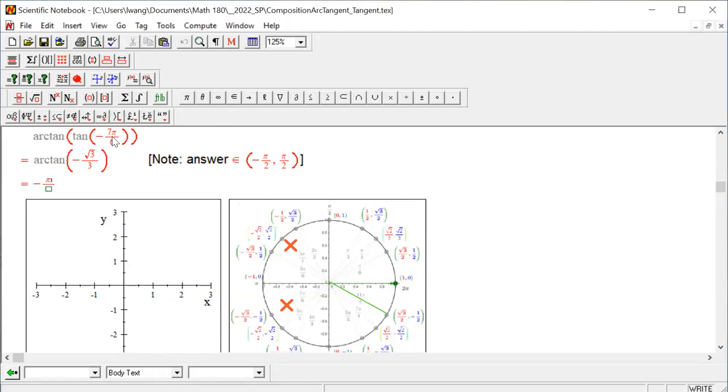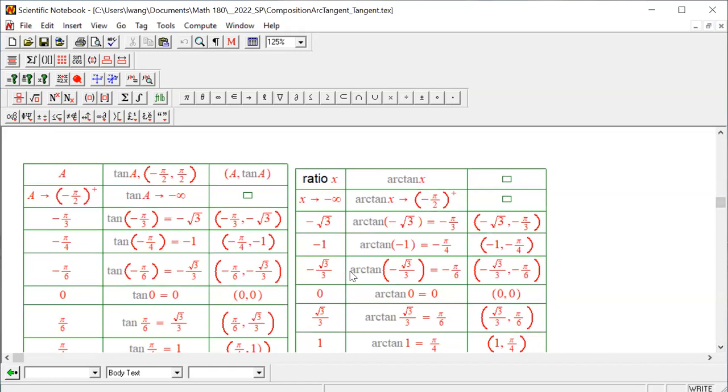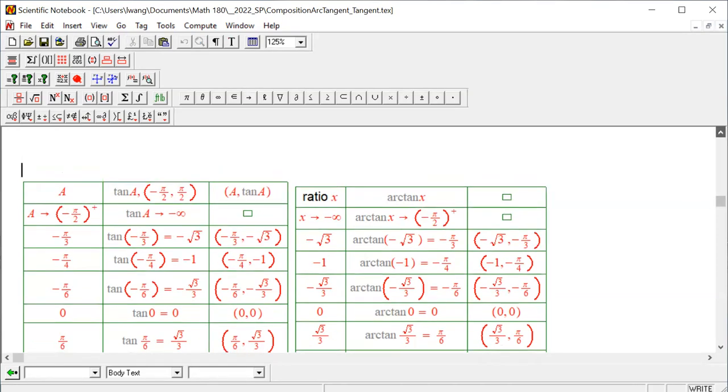And we also get the same answer if you look at what we have done before. I brought that table with us: arctangent of -√3 over 3 equals -pi over 6. That was part of the definition process for arctangent.